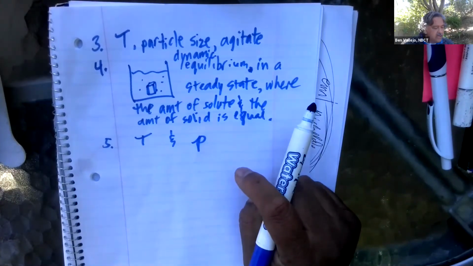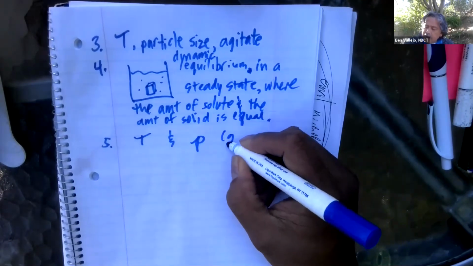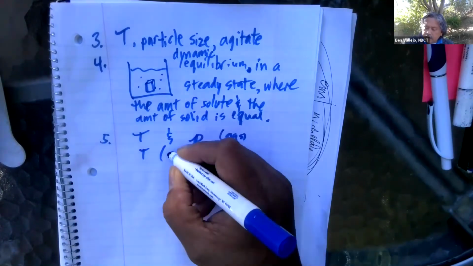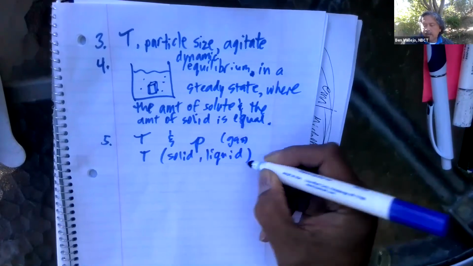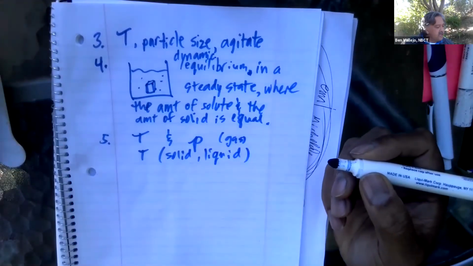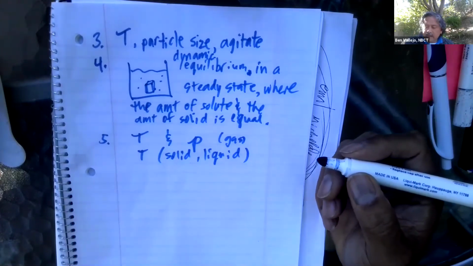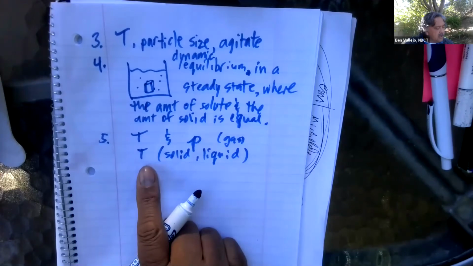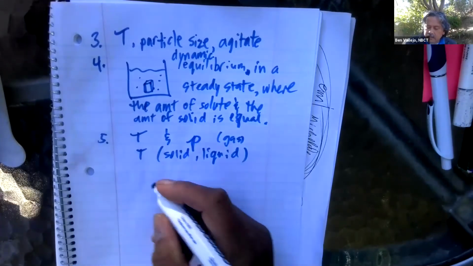So it's temperature and pressure. How should we say this? Temperature and pressure for a gas, but temperature for a solid or a liquid. Said that way, that's good. It's a good way to say it. Number 5, so a gas depends on pressure and solubility of, that's good.